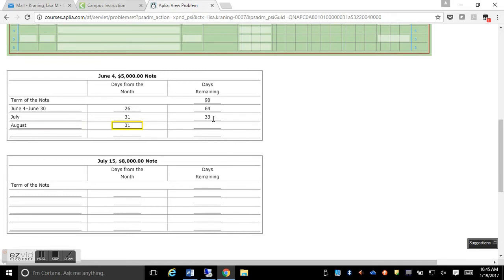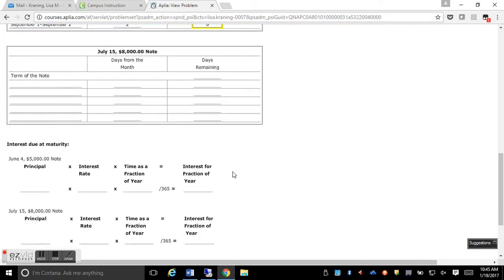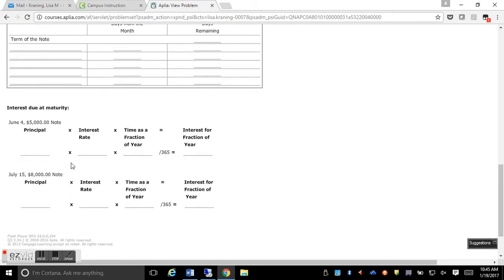So 33 minus 31 is going to give us 2 days left. So we've got to decide what days in September that's going to take, and it's going to be September 1 and 2 because we have 2 days left. That gets us down to 0. The reason that we did that is we wanted to find out what date we have to pay this note off.